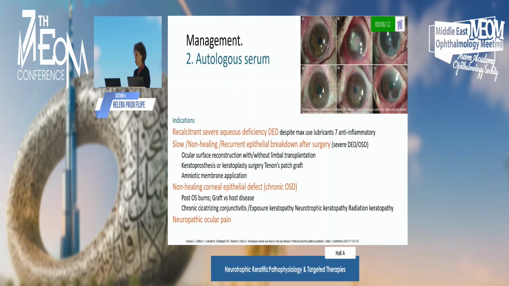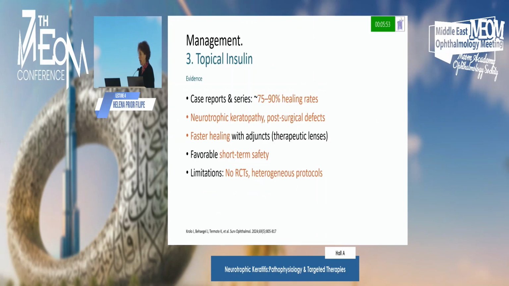So we usually use it for recalcitrant, severe aqueous-deficient dry eye disease, slow non-healing recurrent epithelial breakdown after surgery, non-healing corneal epithelial defect, and neuropathic ocular pain. So all very challenging situations. Now we will highlight the possible important entrance of topical insulin in these types of cases.